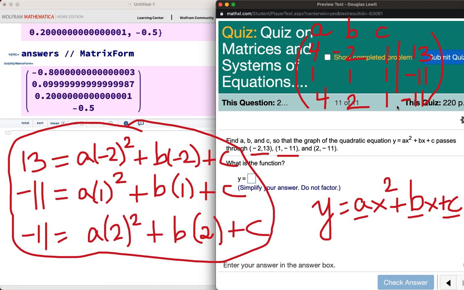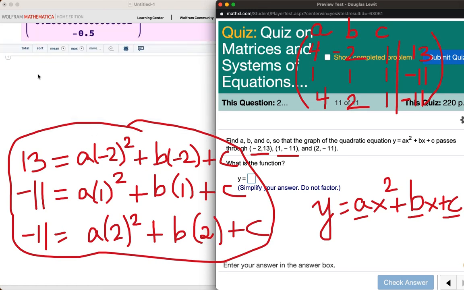Traditionally, they're supposed to be on the right side, okay? It really doesn't make a big difference. So these numbers are from the left side of the equal sign, and here I'm simply putting them on the right side. Okay, so 13, negative 11, negative 11, okay? And that's it. So let me scroll down.